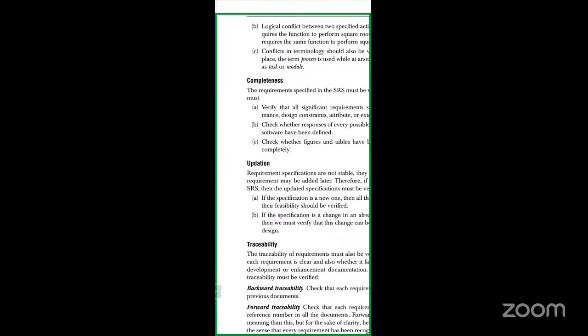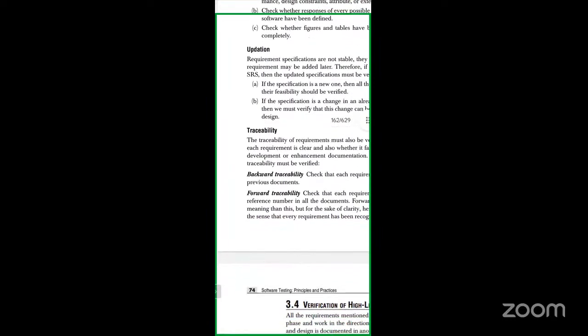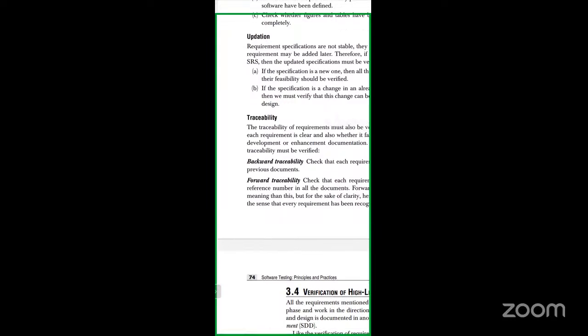That is, wherever we are having any kind of mistakes or bugs in the project, we are going to check and verify them. So in this we are going to check from top to bottom and bottom to top, which is said to be backward traceability and forward traceability.